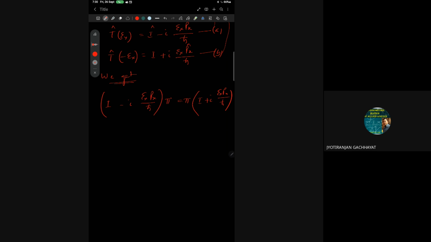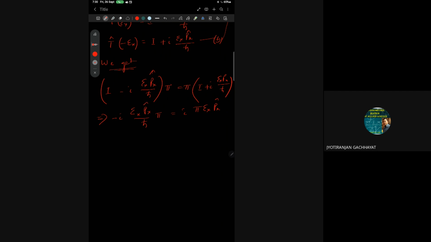Okay, I pi I is basically the same, so that will cancel. So this implies minus I epsilon x px by h cross pi is equal to I pi epsilon x px by h cross.